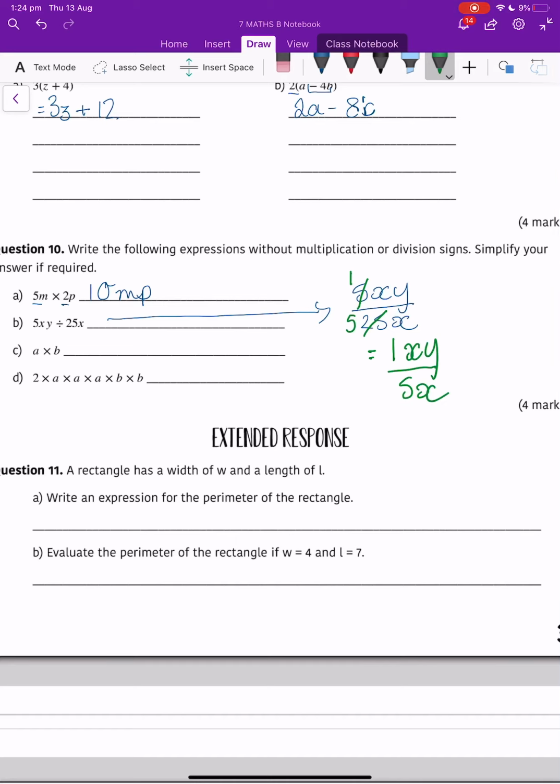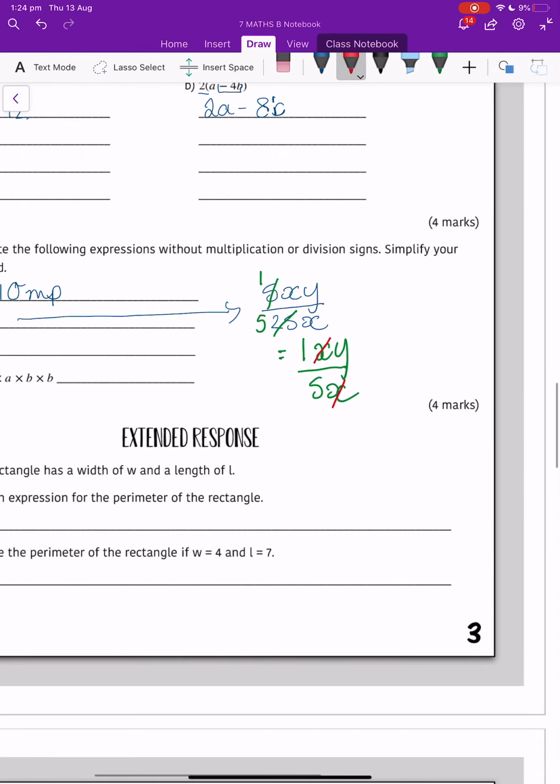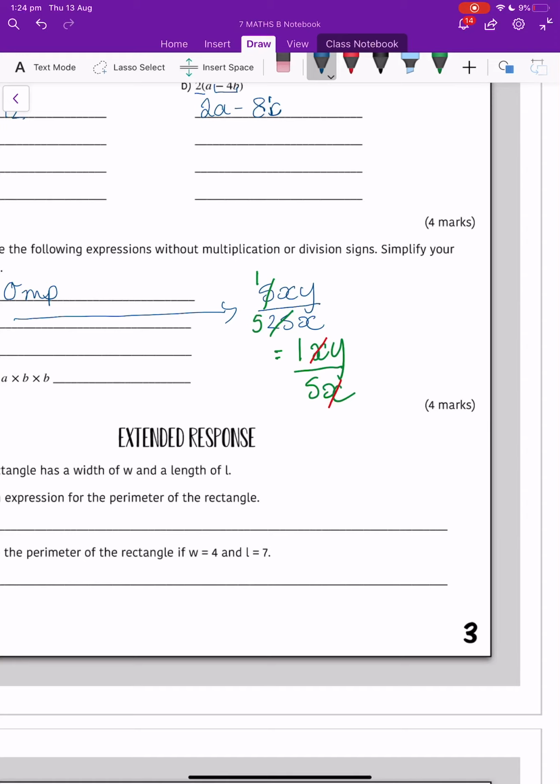Now, when you see a pronumeral on the top and on the bottom, one of each, you can cancel them out. So because 1x is on the top and 1x is on the bottom, you can actually cross them out. And then the expression becomes 1y over 5.